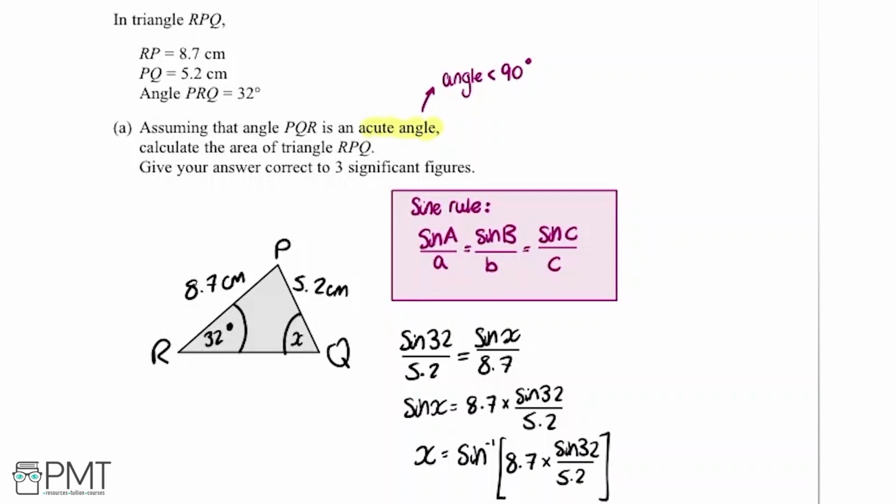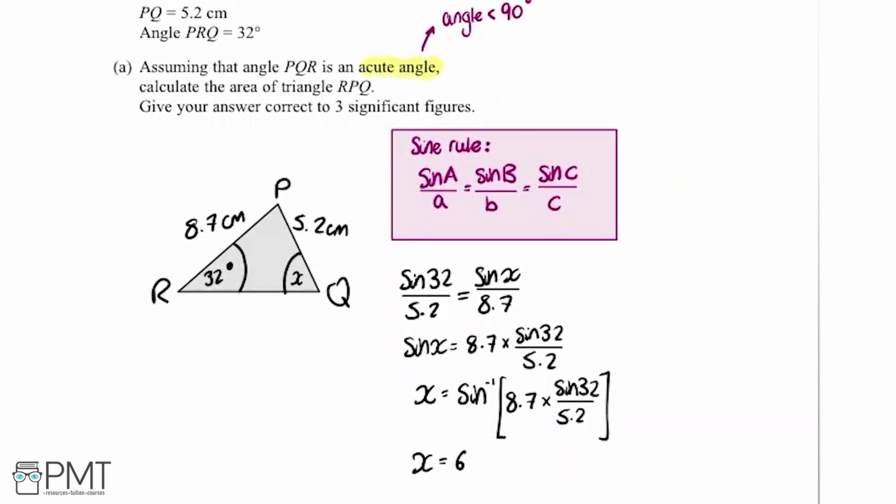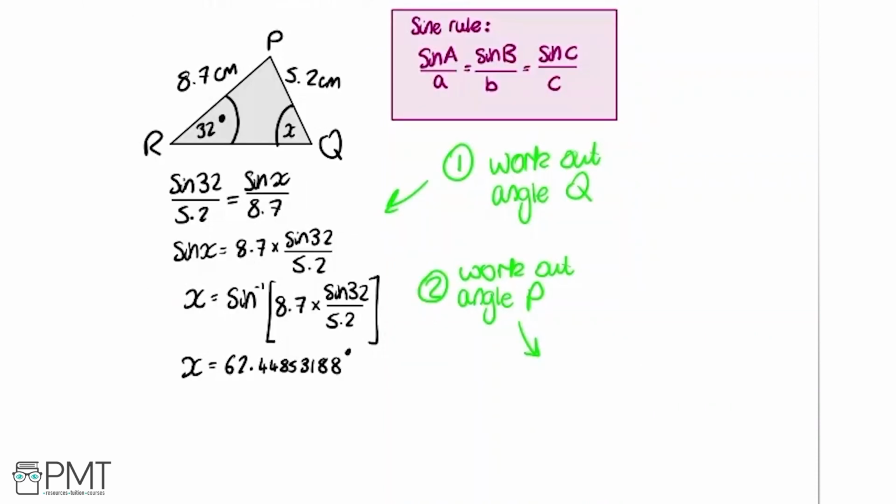If we put all of that into the calculator, we get 62.44853188, and that's an angle, so we got degrees.